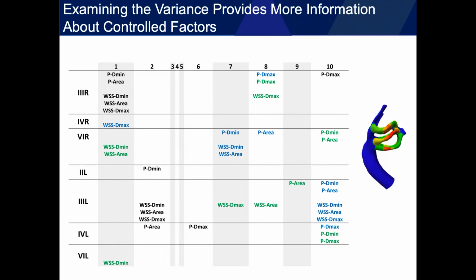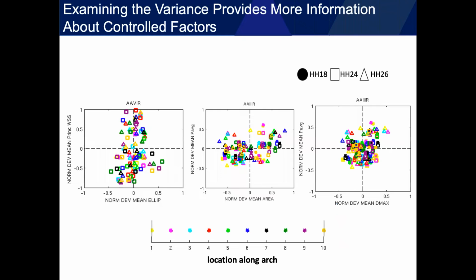So this information we really wanted to use to help us know where to look on a cellular and molecular level, so what's most tightly controlled in development. And this is another way that we can look at it. These are deviation from mean graphs, where you'll have some kind of hemodynamic variable, so principal wall shear stress, versus some kind of morphological variable, and each of the sections along the arch are all represented here.